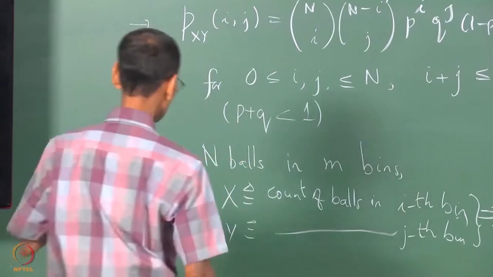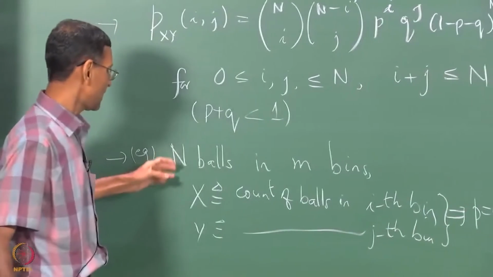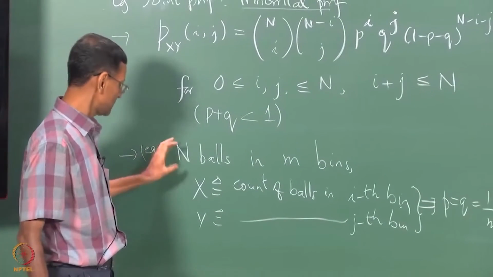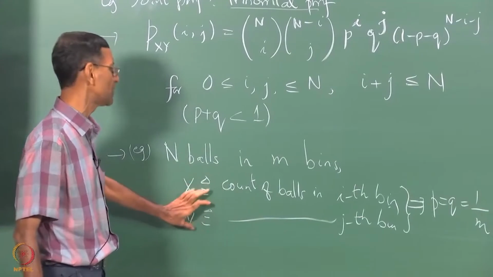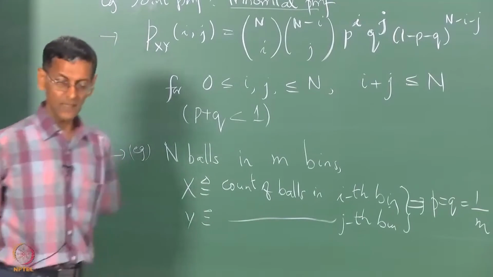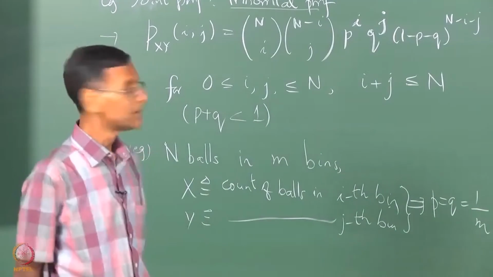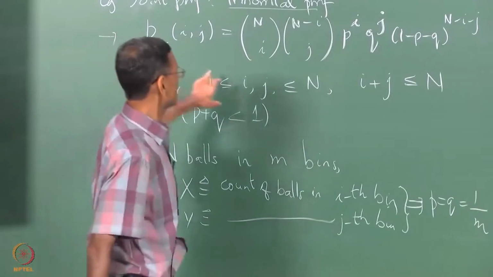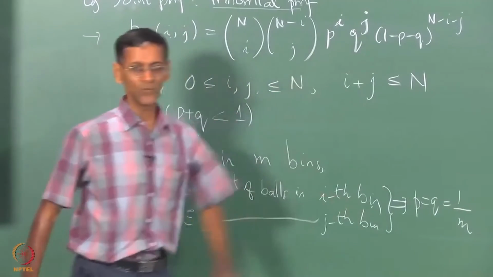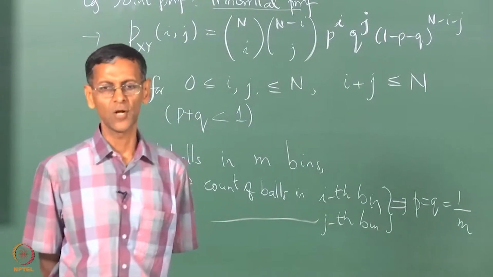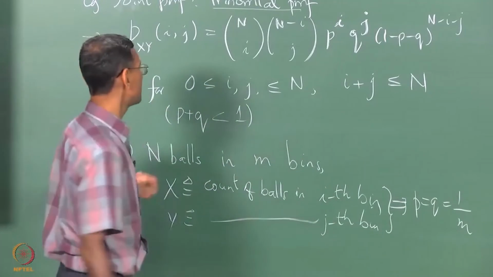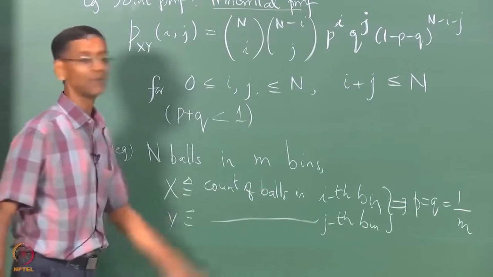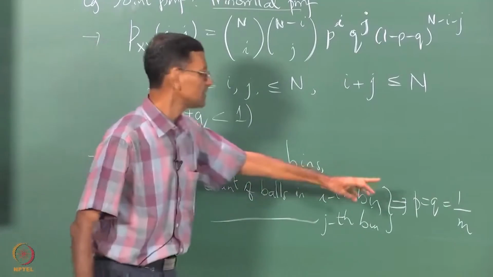So that is why I wanted to bring that up, and here of course we are specifically looking at this situation of X and Y being these two random variables, then you get exactly the trinomial PMF. This is more general than this because here I am allowing P and Q to be two different numbers, they do not have to be the same. If you for example club some of the bins out here, instead of saying ith bin, how do I make this P and Q different?